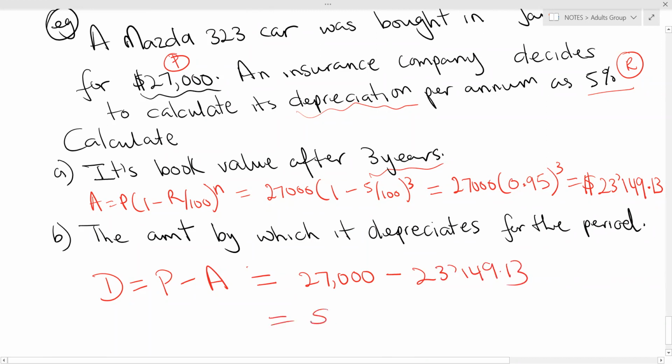All right, and that will tell us that our depreciation value after so long was 3,805.87. Yeah. So that's your depreciation amount after the period.